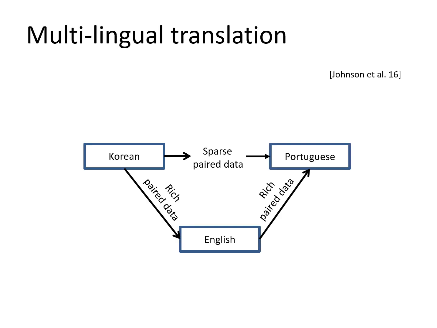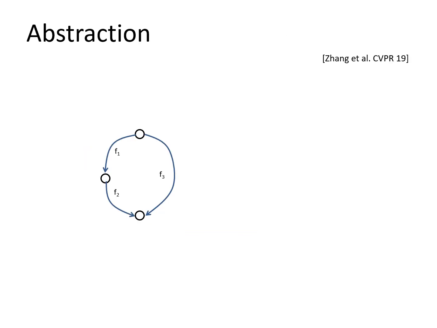So let me go back to the multilingual translation example. Here we can do some abstraction. Essentially what happens here is that we have three nodes, each of which corresponds to a language, and we have three directed neural networks, each of which corresponds to a machine translation network.